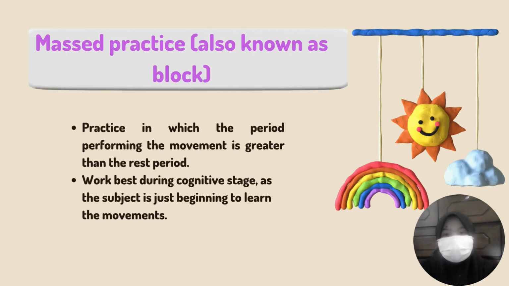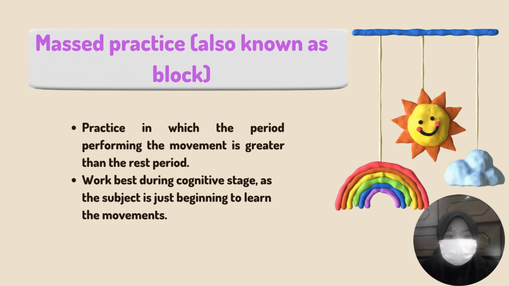So going on, the first one is mass practice, also known as block. In mass practice, the practice period performing the movement is greater than the rest period. This type of practice works best during the cognitive stage, as the subject is just beginning to learn the movement or new skills.